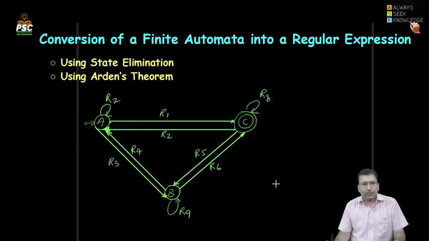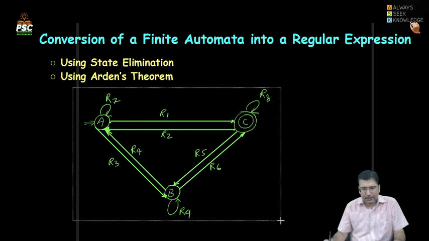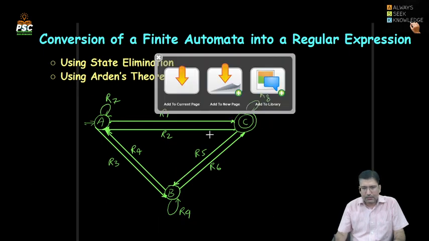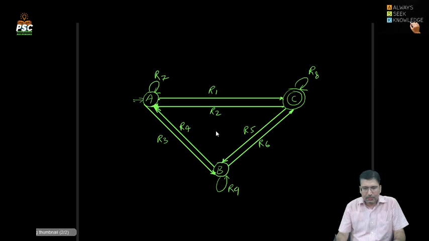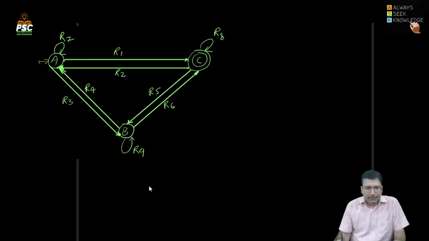These all are regular expressions. So if you start eliminating this, okay, so what will happen if I take this particular, okay, better to have it here. Now draw a new diagram.